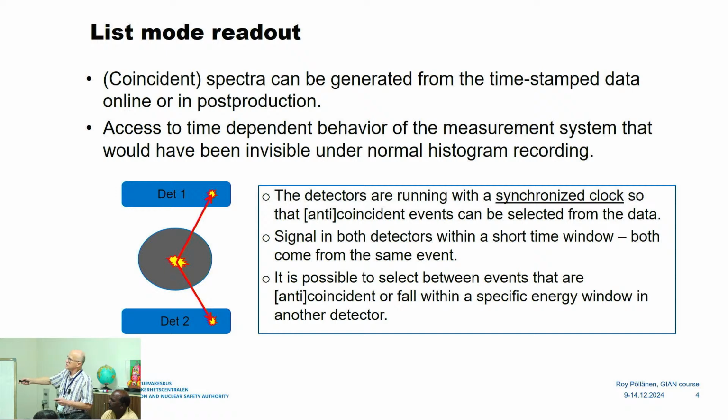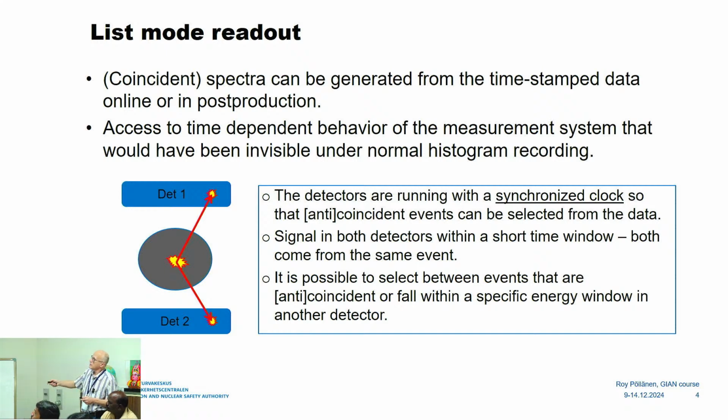It emits data to both of these systems. So, you get access to time-dependent behavior of the measurement system that would have been invisible under normal histogram recording. This spectrum that you see on the screen or on the paper.